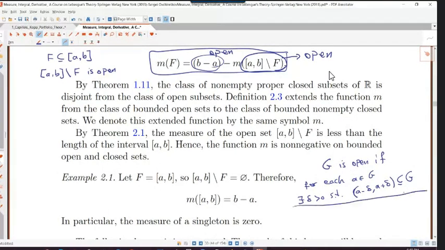And F is closed if its complement is open.